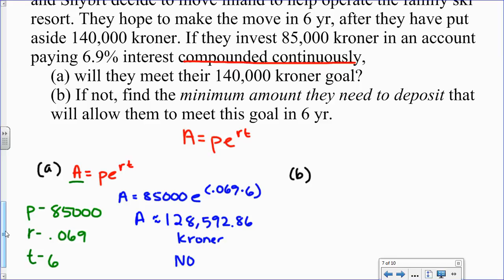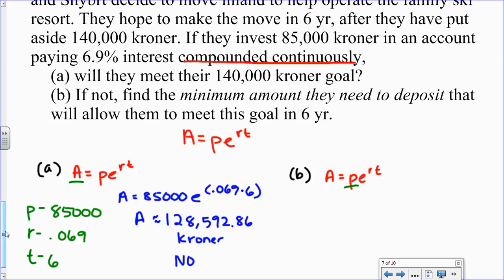If not, find the minimum amount they will need to deposit so they meet the goal in 6 years. So I'm still having continuous interest. This time though, what variable am I trying to solve for? I heard a few different things. P. So now 85,000 isn't going to make it.